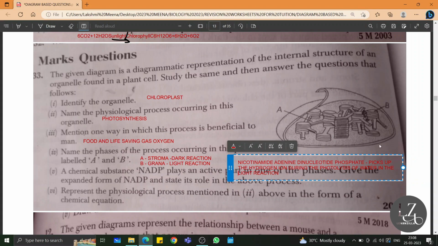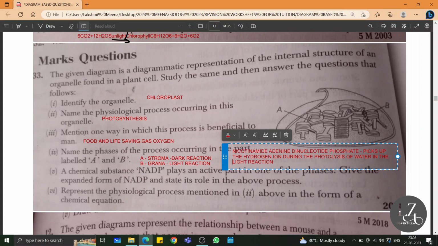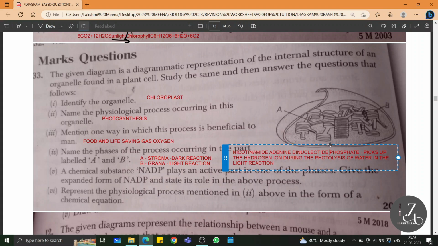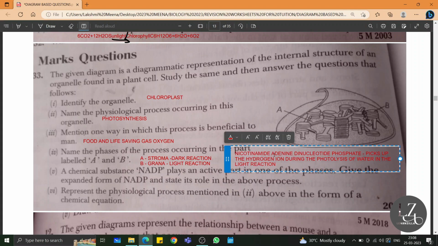So, nicotinamide adenine dinucleotide phosphate, what is its role? It helps in picking up the hydrogen ion during the photolysis of water. What is photolysis? Very important term. Lysis means cutting or breaking.